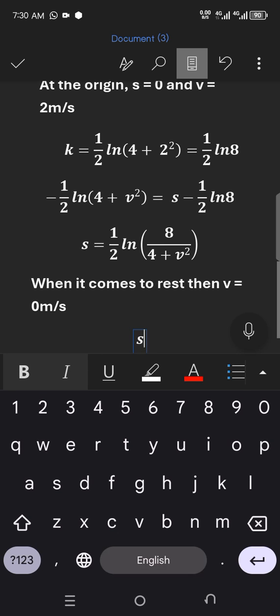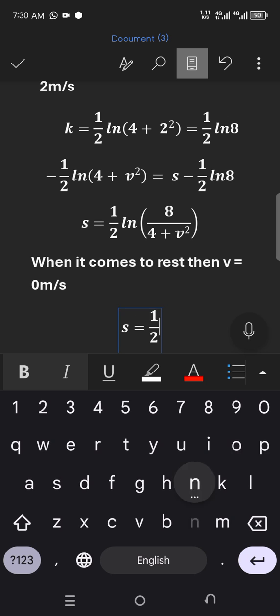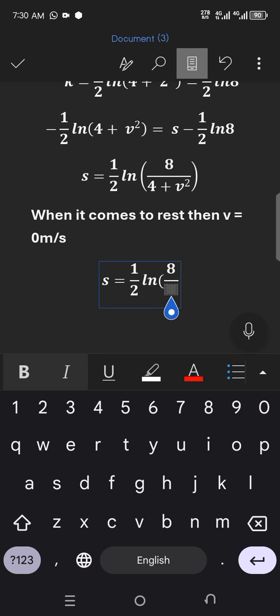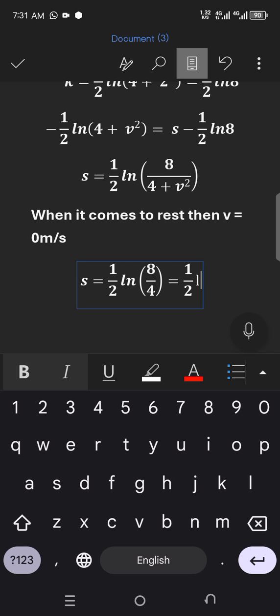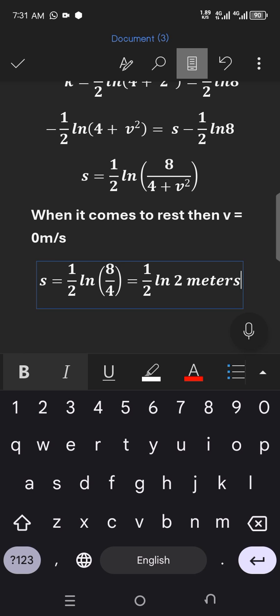Doing that, your s will be equal to half the ln of 8 divided by 4 plus 0 squared, which is just 4. So if you simplify, you're going to have half the ln of 2 meters. So we are done with the proof.